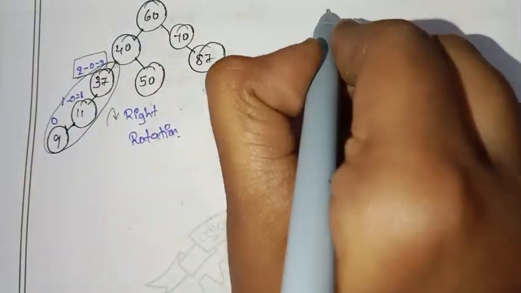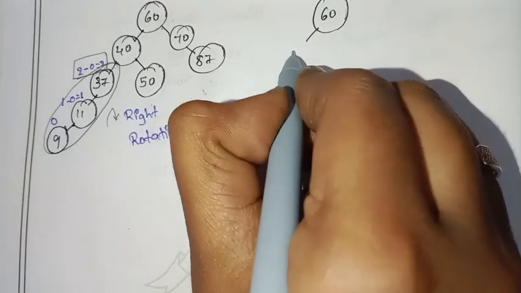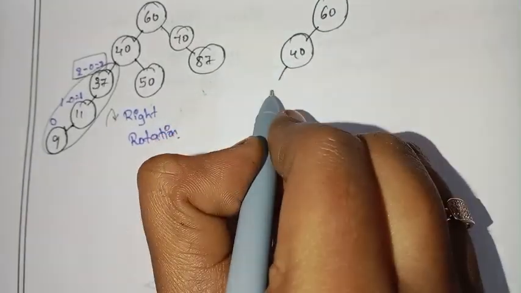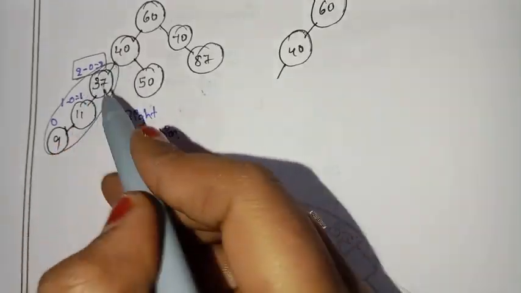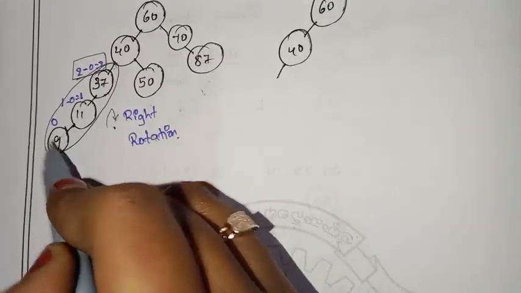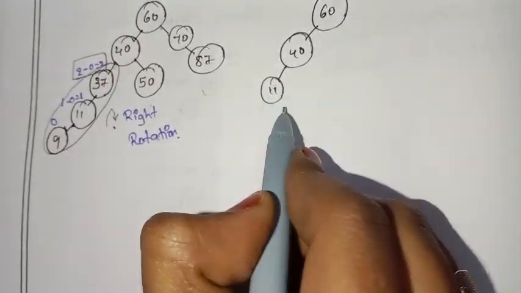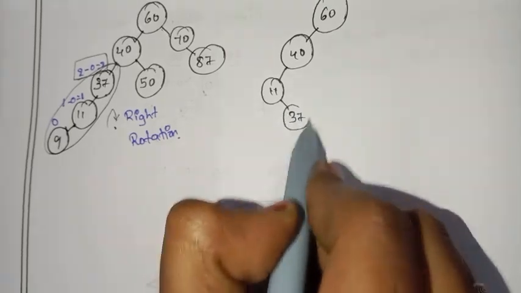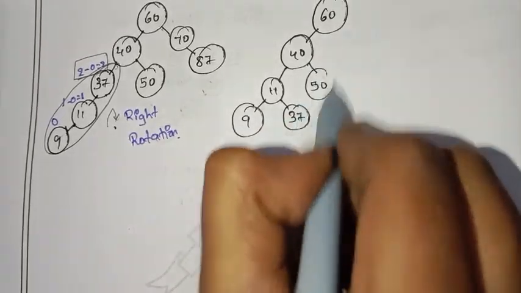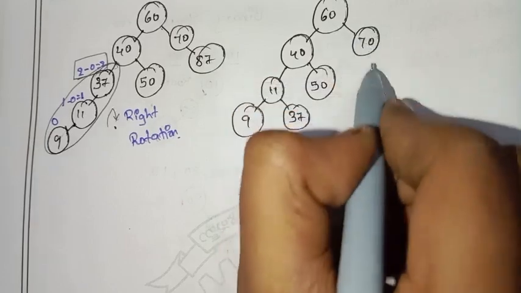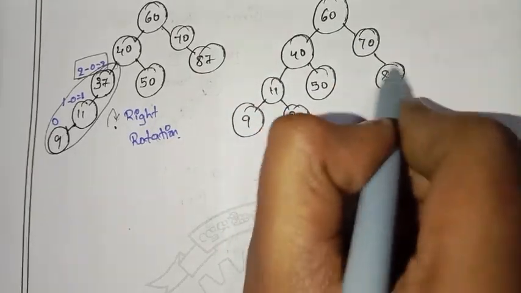How it will be? 60, 40, and what will happen? 11 will move here, 37 will come down, and 9 is on the left side only. So it should be in a tree shape. And again 50 and 70 and then 87.